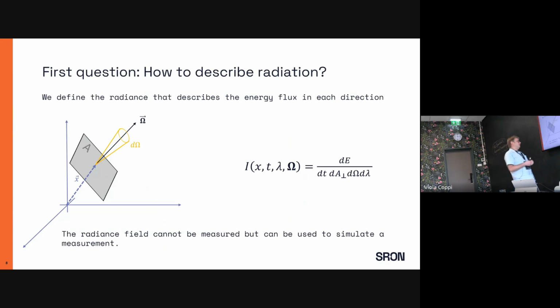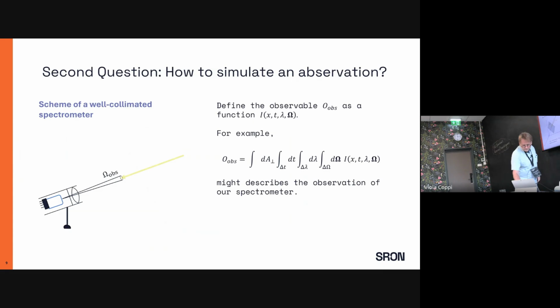The funny thing about that quantity is that we cannot measure it. It's a very ideal quantity. So whenever we have simulated these radiances, we need a recipe to translate that to an observation. And that can be, for example, for a spectrometer. It's just an example. That translation of how we simulate the observation depends on the instrument.